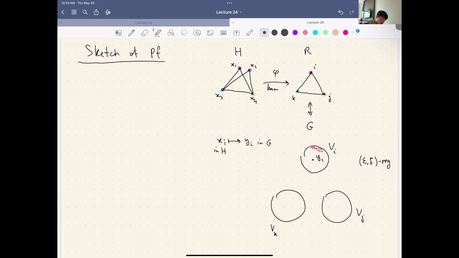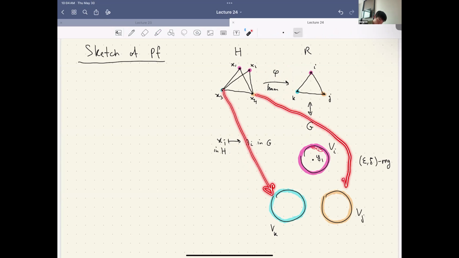To visualize it better, let me draw vk like this, corresponding to this blue dot. Draw vj like this, corresponding to the yellow one, and this one is here. Very good. So we know that we're going to map x3 to the blue part and x4 to the yellow part under phi.